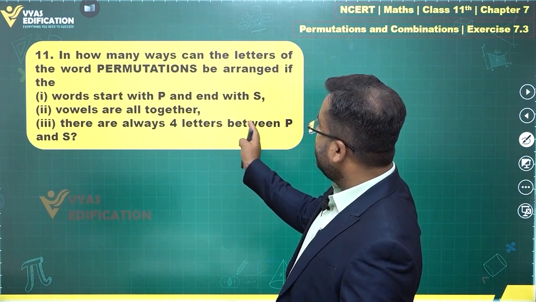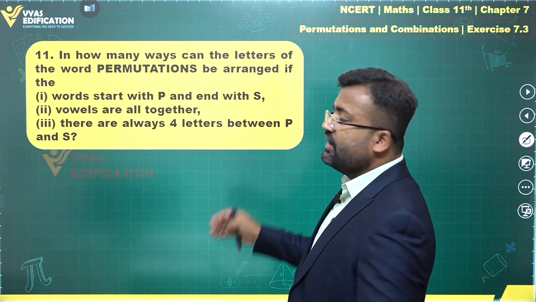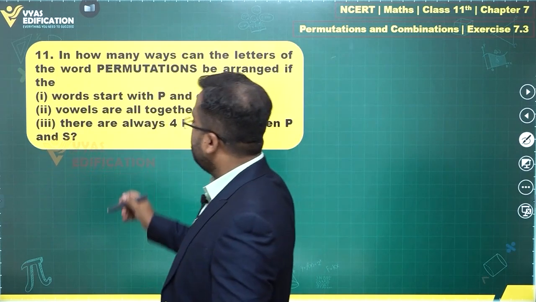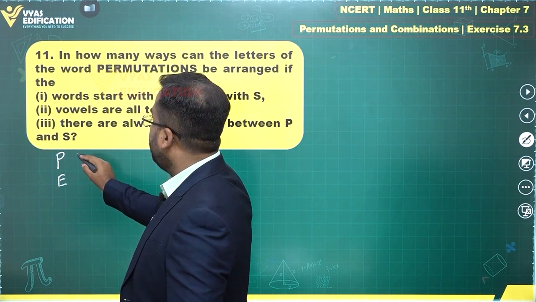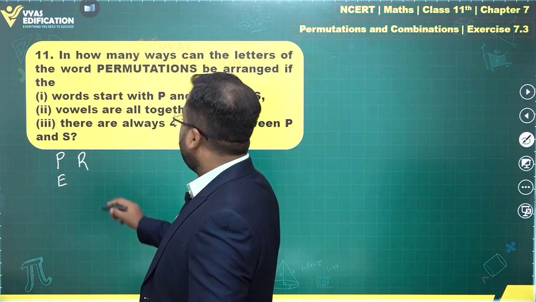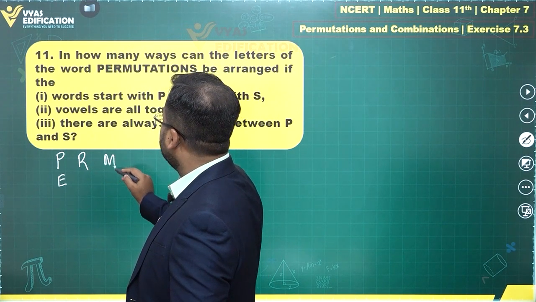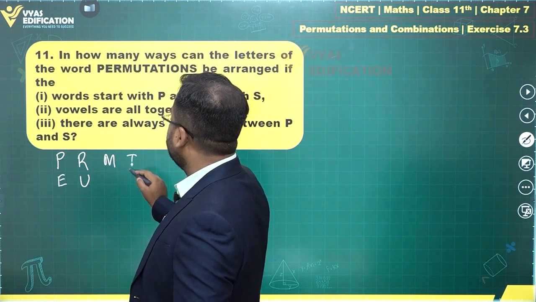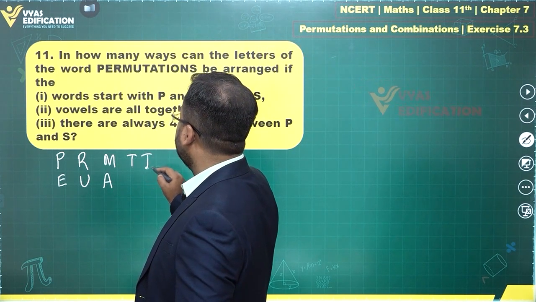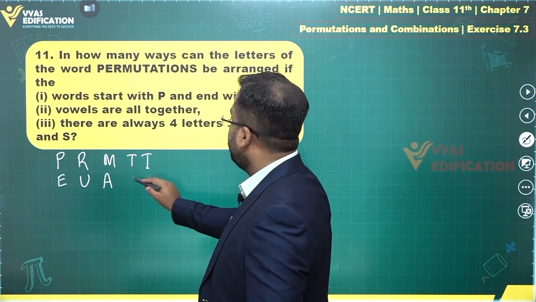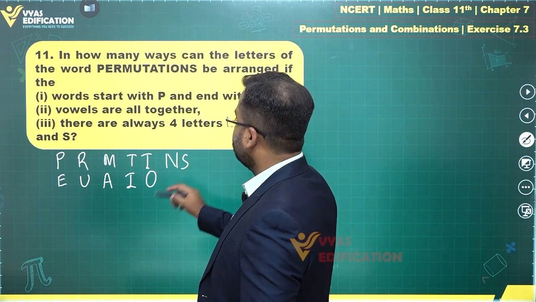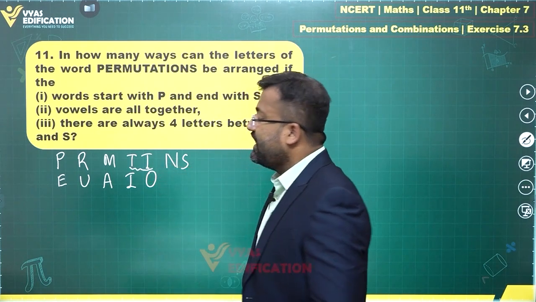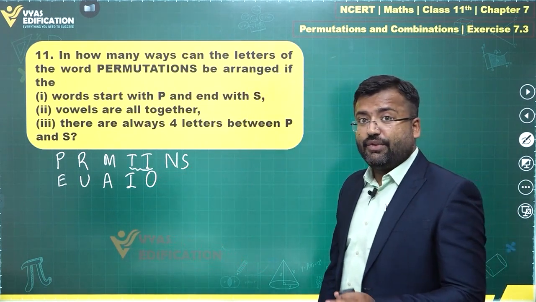Letters of the word P and S and their vowels as well, right? So let's write all the letters of PERMUTATIONS first: P, E, R, M, U, T, A, T, I, O, N, S. You may see that T's are repeating and no other letter is repeating.